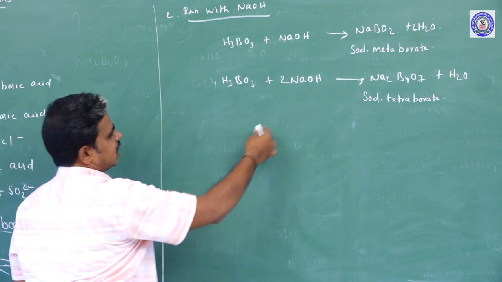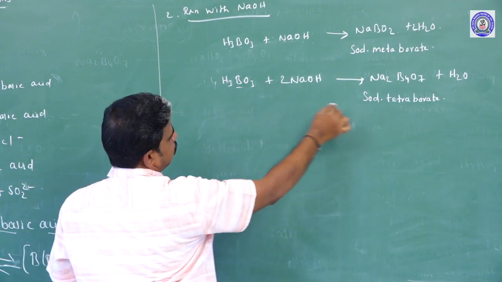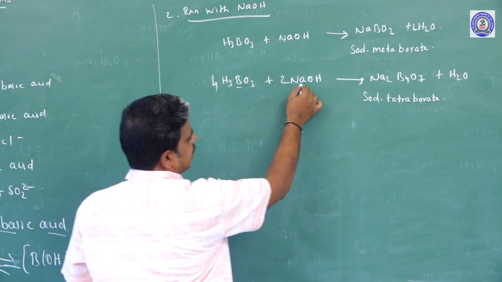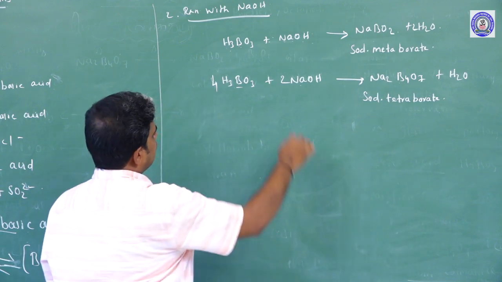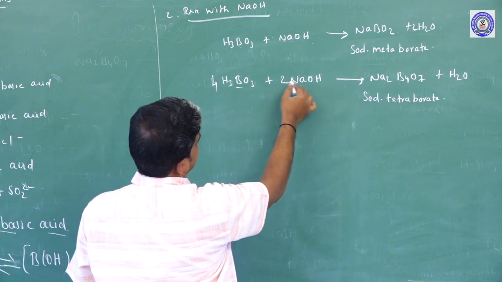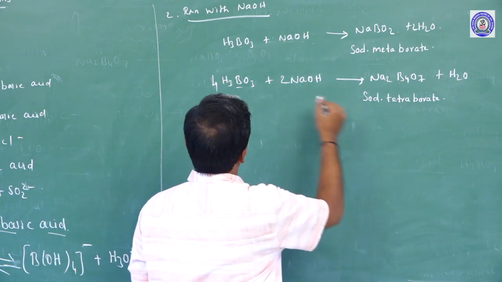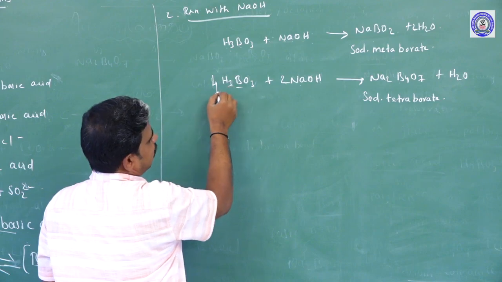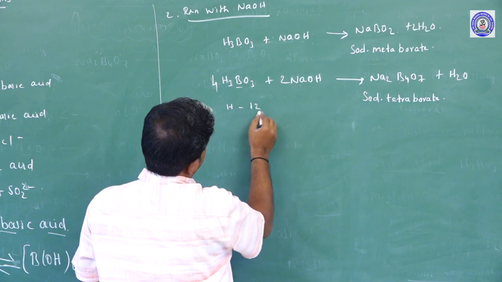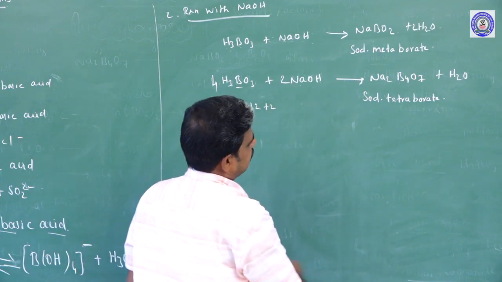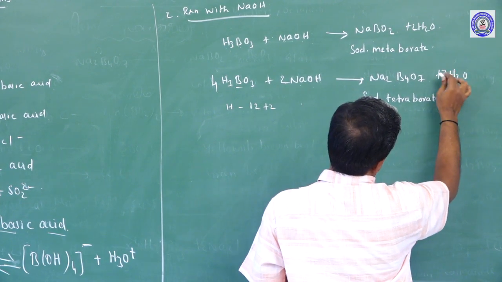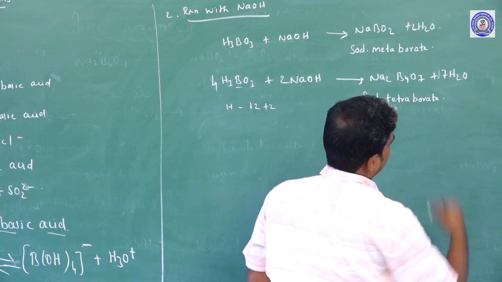Now, balance this equation. Here we take 1 boron and 4 boron, so it is 4, and 2 Na and Na, it is balanced. In the case of oxygen and hydrogen, first we take hydrogen: only 2 hydrogen is there, and here it is 12. So it is 14 hydrogen. So we take 7 molecules of water.